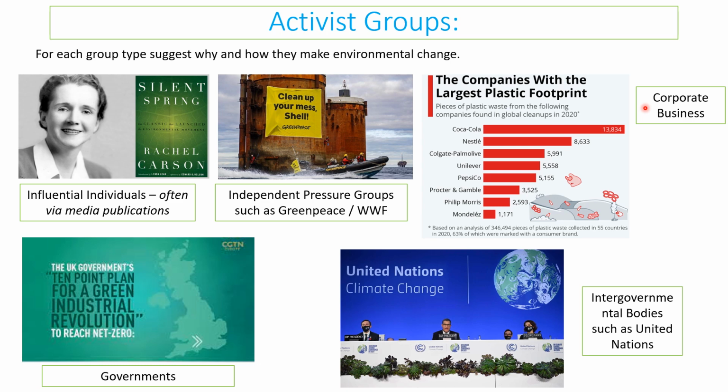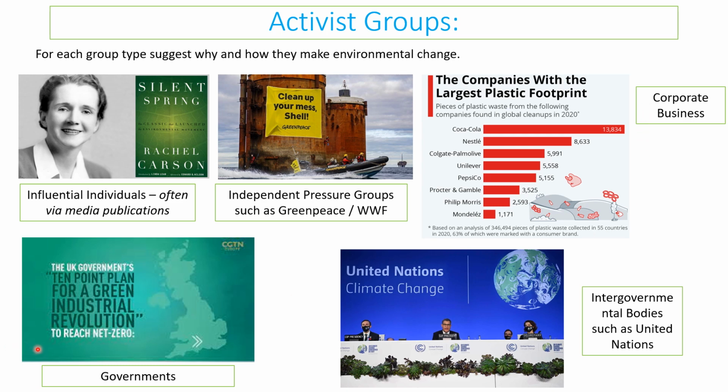So this graph here, which shows you the different plastic footprints around the world, you can see companies like Coca-Cola and Nestle have got a very negative footprint, and therefore they have got to change their methods, because the public will not invest in them and continue to use their products unless they change their ways. Hence now Coca-Cola is using bottles that are made of over 50% plant material.